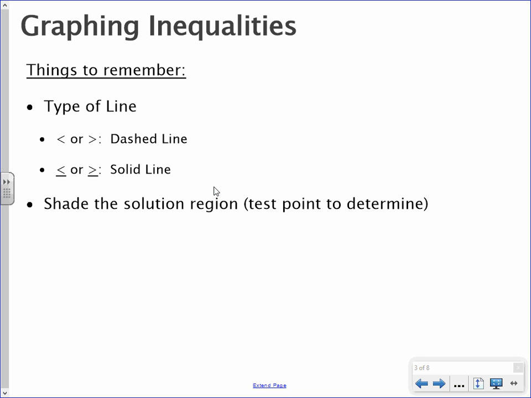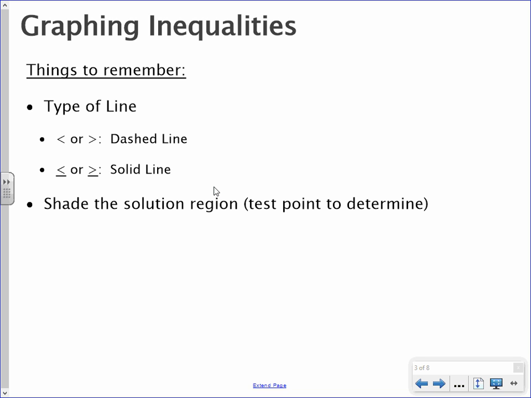My suggestion to you, and some of you were remembering this from last year, the easiest way, in my opinion, it may not be in your opinion, but for sure the fail-safe way, pick a point not on your curve to test. If it works, that's where you shade. If it doesn't work, that is not where you shade.